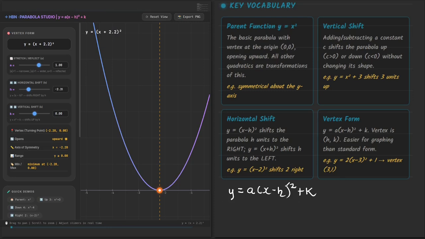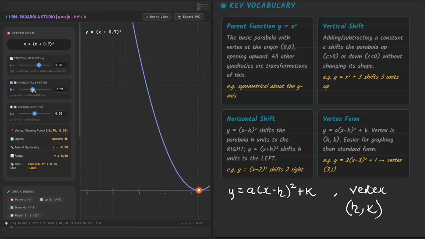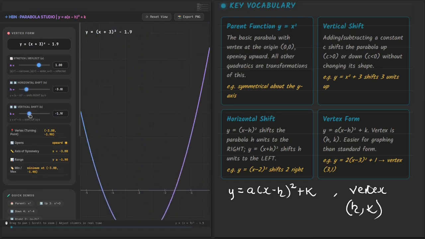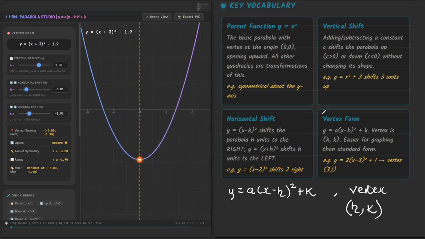If you're able to write a function in this form, then you'd always get your vertex being h, where h is the x coordinate, and k is the y coordinate. So what do we mean by that? If you are able to write your parabolic function or your parabola in this form, you'd always get your vertex just by looking at the equation.